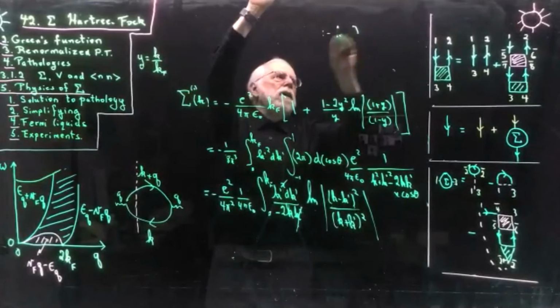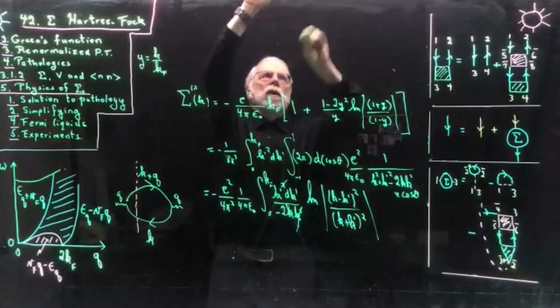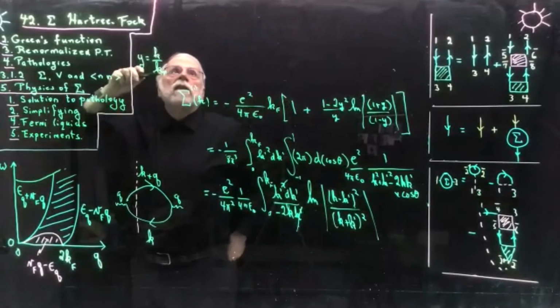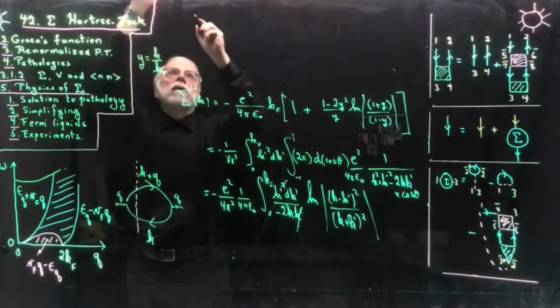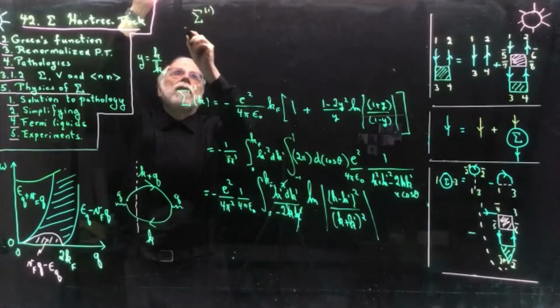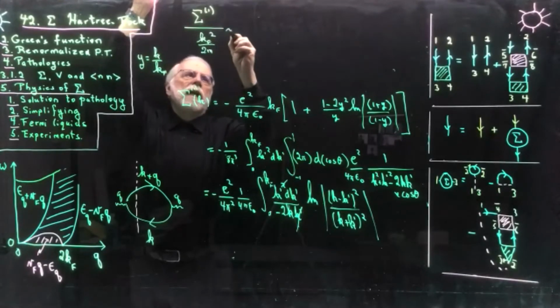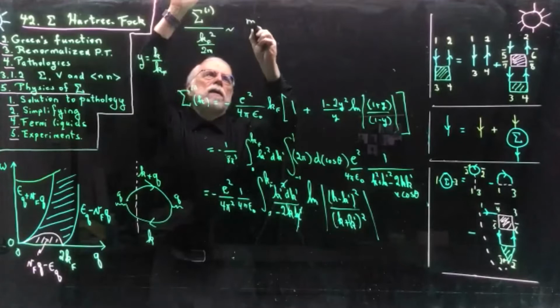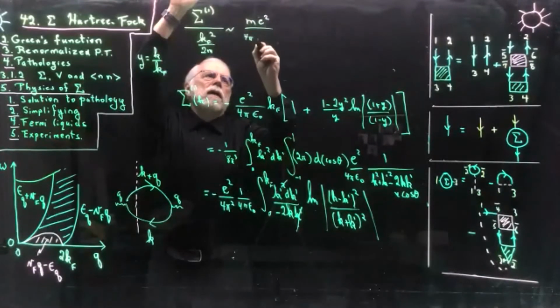If I look at sigma 1 divided by the kinetic energy, which is kf square over 2m, then I get that this is m e square over 4 pi epsilon 0.